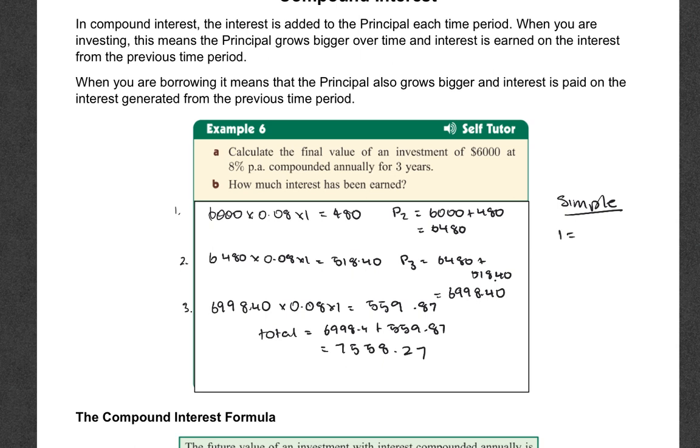Now just out of interest, let's work out if this person had put the money in a simple interest account. So he put in $6,000, same interest rate, but he just put it in for 3 years.